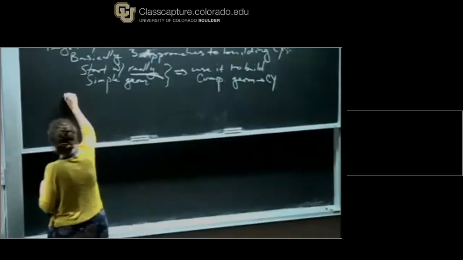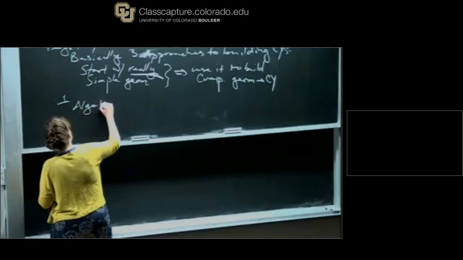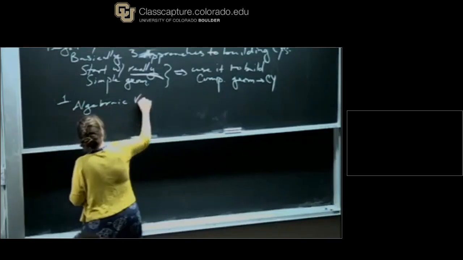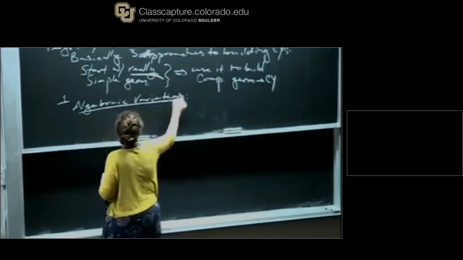The first one is by far the simplest. This is the notion of algebraic varieties, which I've already mentioned, i.e. define a space via some polynomial equations.